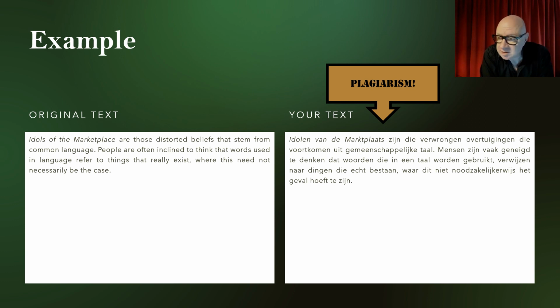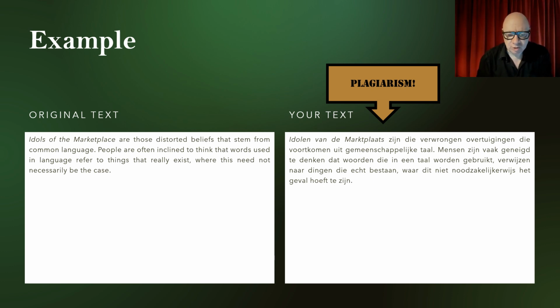What you could do, of course, is take an English text, copy and paste it into Google Translate, have Google Translate make a translation into Dutch, for instance, maybe change a couple of words because then you improve the translation, and then you come up with something like that's here on the screen. But when you do not put quotation marks around them and no reference, then this is plagiarism. These are not your own ideas if you present them like this. This is not your explanation of what Bacon meant by idols of the marketplace.